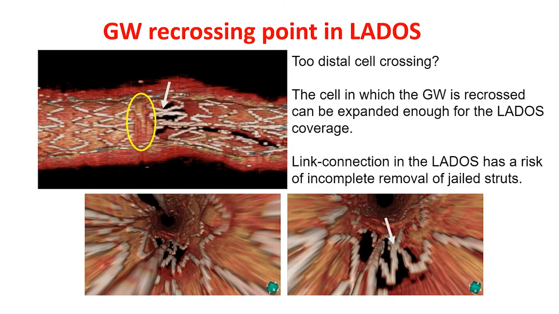These are 3D OCT images after left main to LCX stenting. The guidewire recrossing point is the distal one. It seems too far. However, recrossing in the neighboring proximal cell has the risk of incomplete removal of the J-ring struts. Therefore, we dilated this cell.